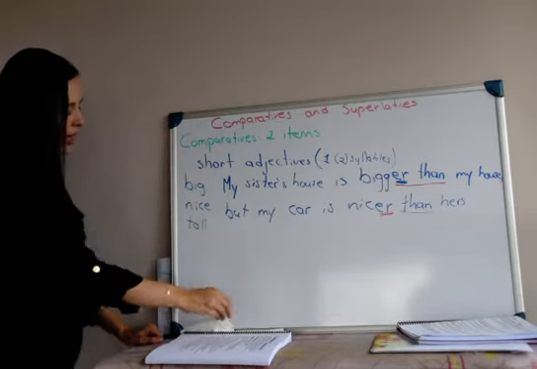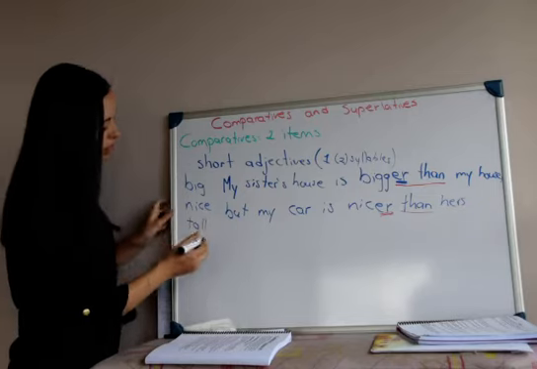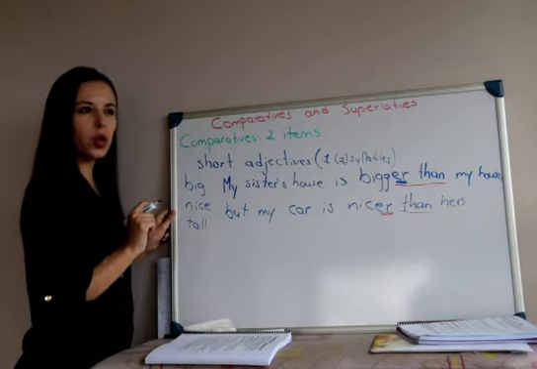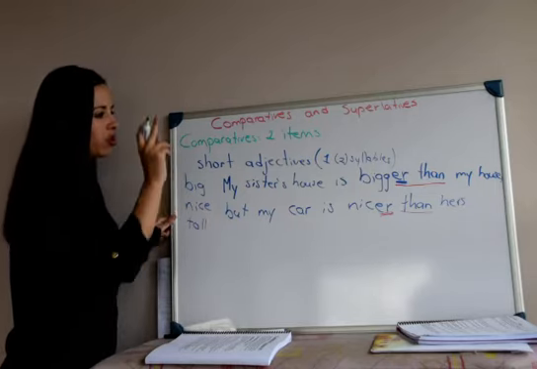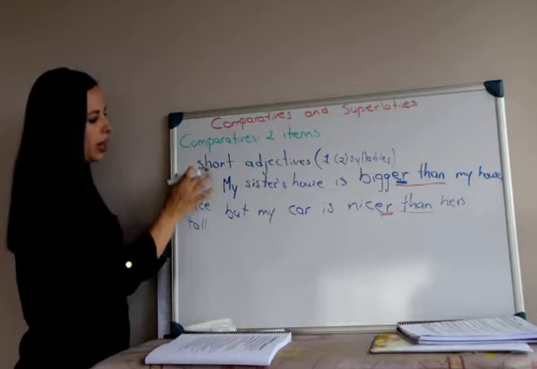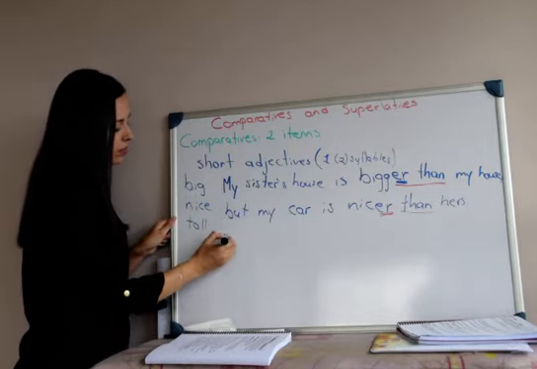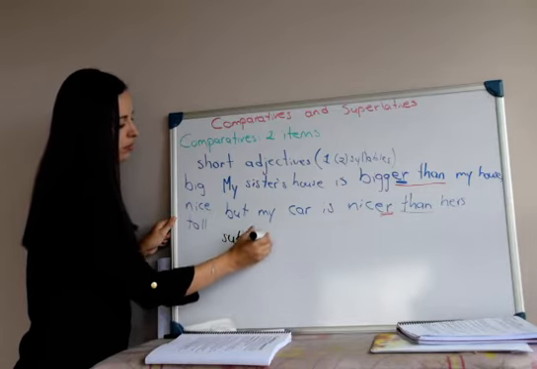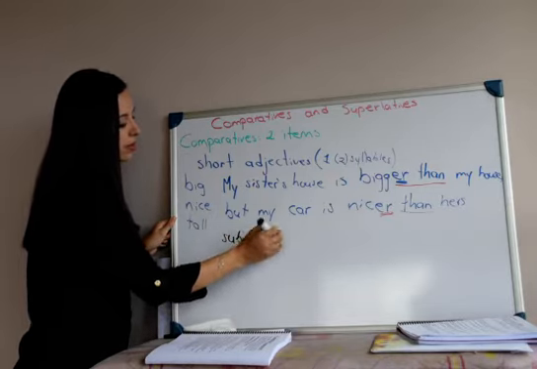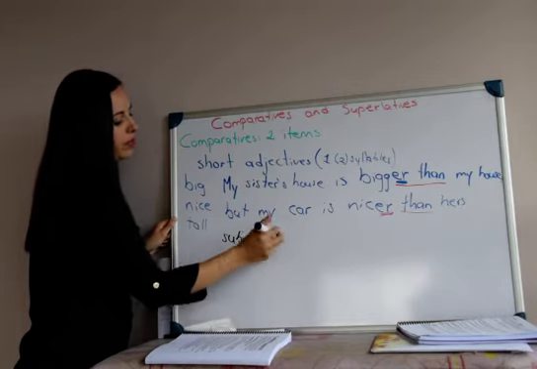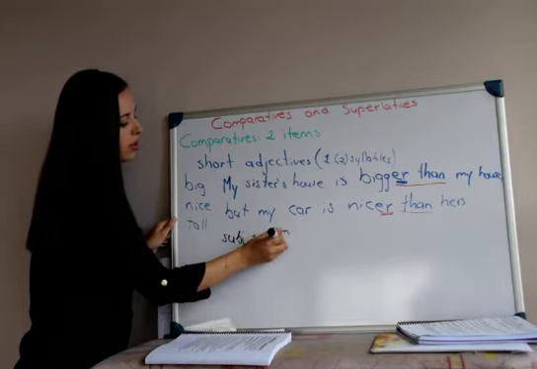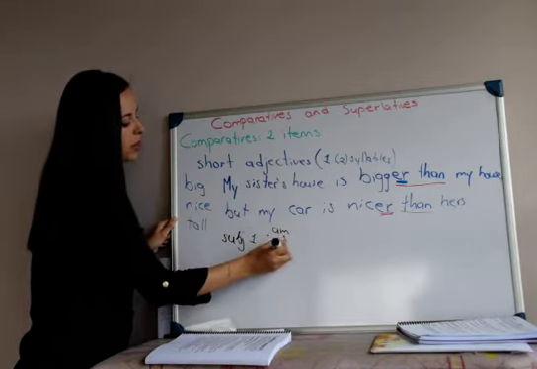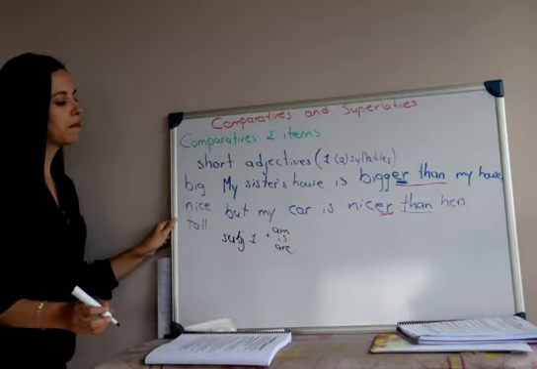So we can say that the formula or the structure for comparatives with short adjectives is subject number 1 plus the verb to be. Right, verb to be depending on the subject can be am, is, or are. Right?